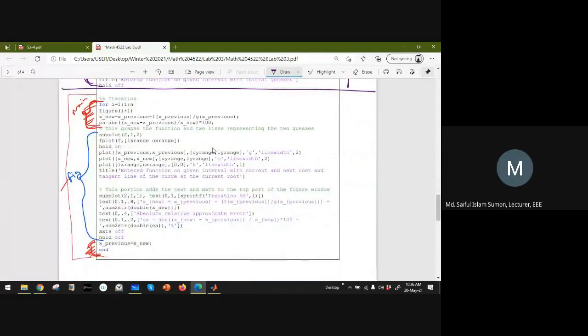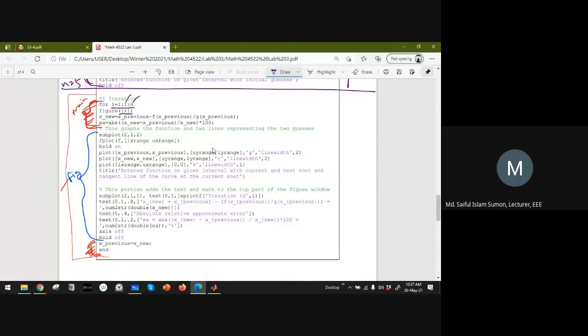In this part, as I have told, we have a specific number of iterations. This number of iterations I am going to iterate. So n was specifically mentioned as 5, isn't it? So now let's go for iteration i equal to 1 with the interval of 1 up to 5. Now figure i plus 1.